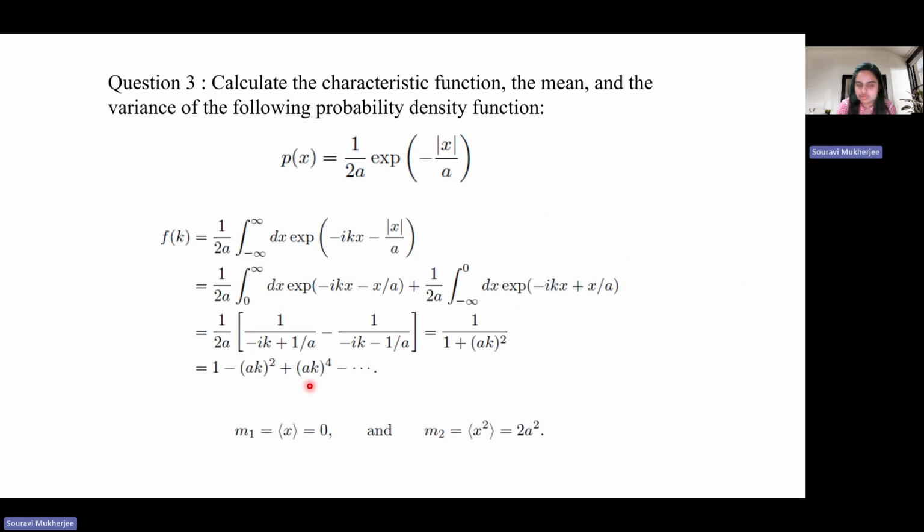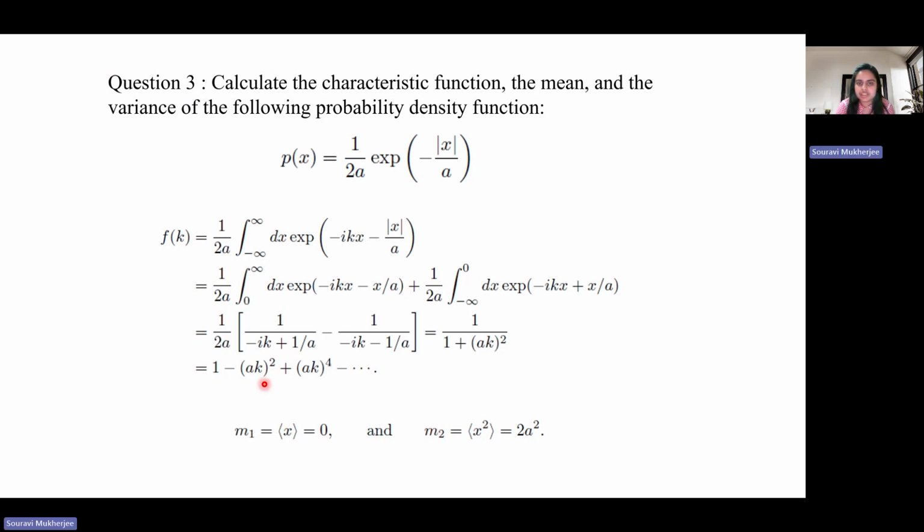So that means this is telling you there are no terms with odd powers of k, which is telling you that all the odd moments will go to 0, right? So that means mean will go to 0 for this.